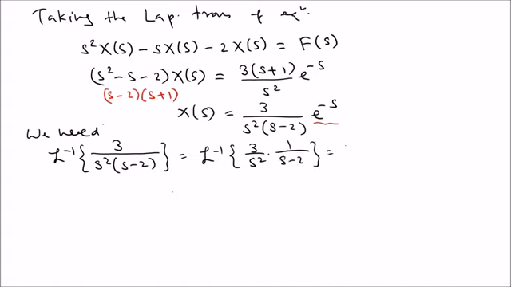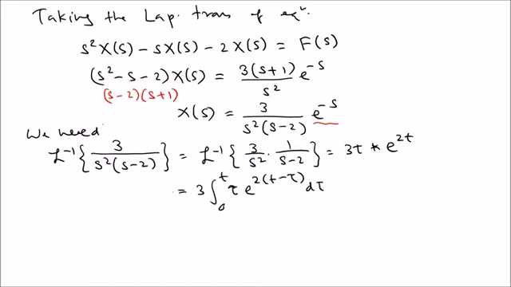So this simply says that it is 3t convolved with e to the 2t. Now we can use the definition. So 3 times the integral from 0 to t of tau e to the 2(t minus tau) d tau. We did this a lot.